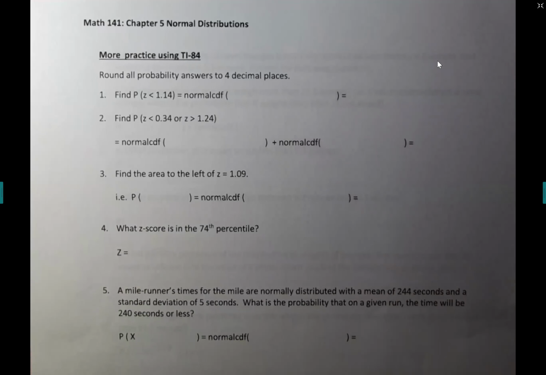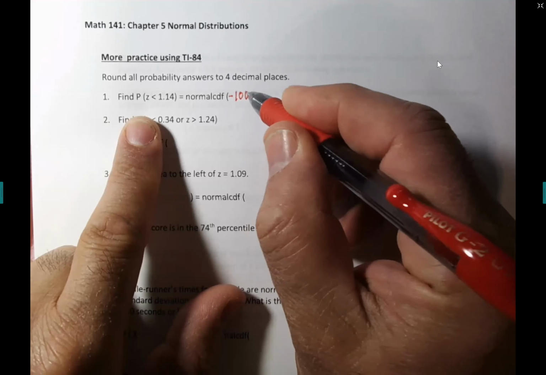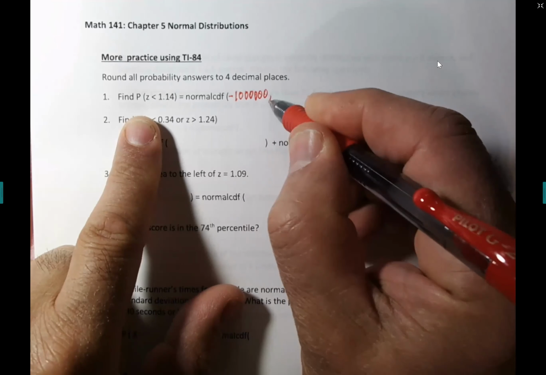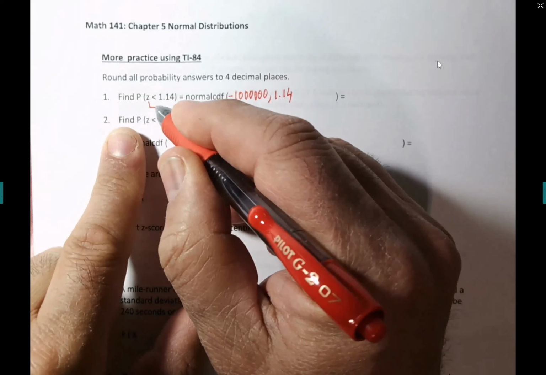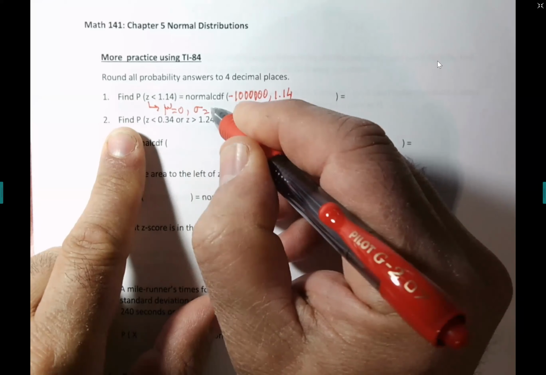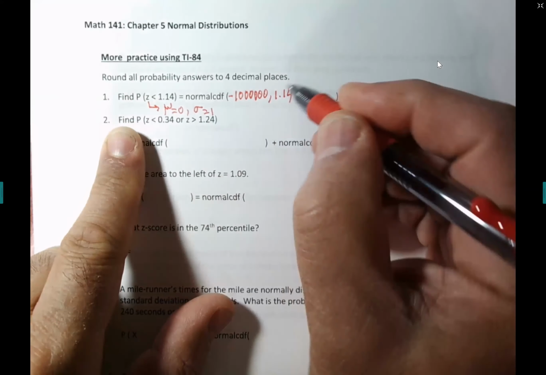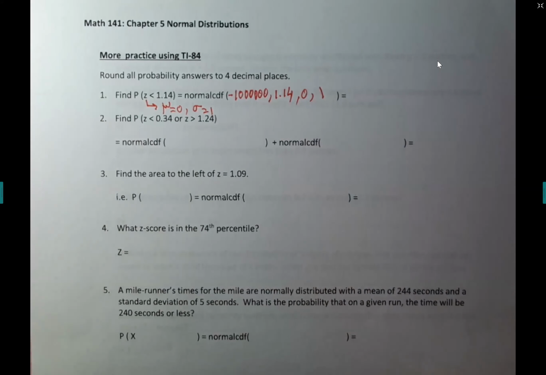Probability of Z less than 1.14. When it is a less than, we agreed, guys, we start with negative a million. Then we put 1.14. If it is a Z, remember, the mean is 0 and the standard deviation is 1. If it doesn't give you a mean and standard deviation, be assured that it is 0 and 1.